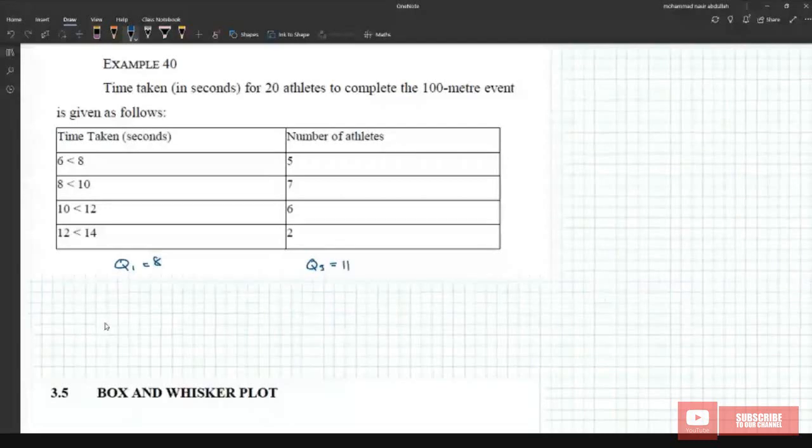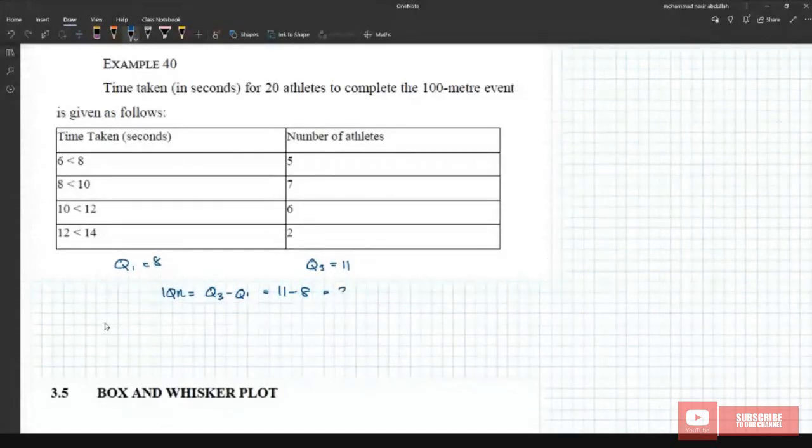Right. So the interquartile range is quartile number 3 minus quartile number 1. So 11 minus 8 should be equal to how much? It is equal to 3, right?